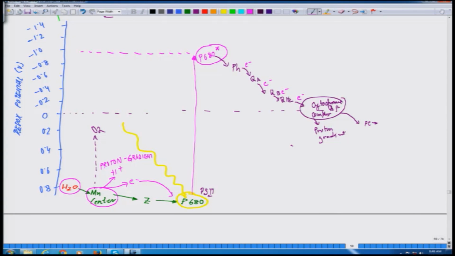So, you can imagine it is almost a continuous wire of different kinds of proteins which have the ability to accept electrons, because if you look on your left hand side, they are all sitting at different redox potentials and they are in physically close proximity.